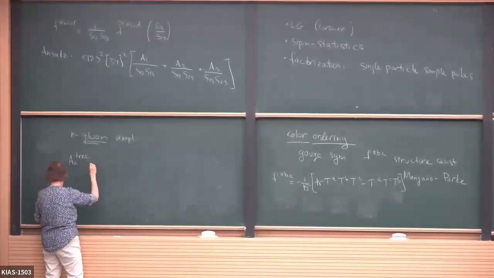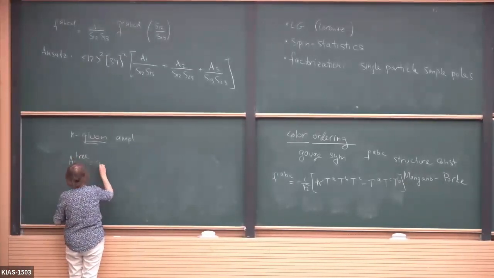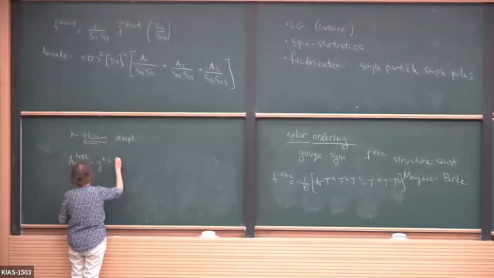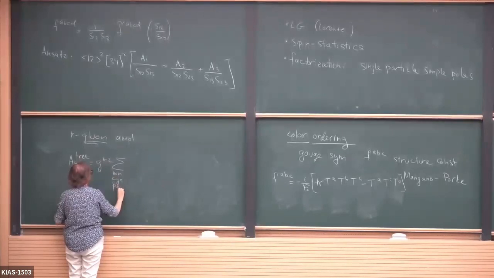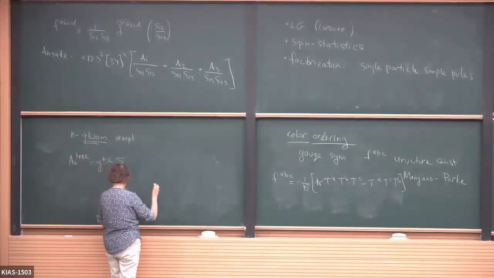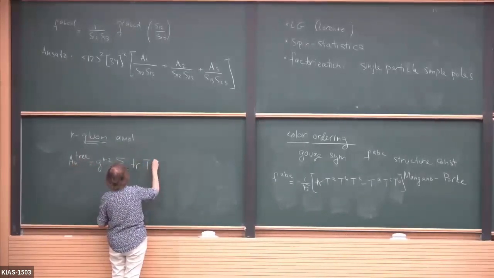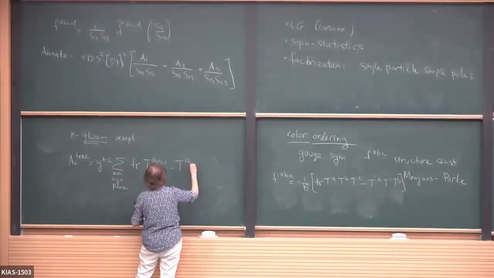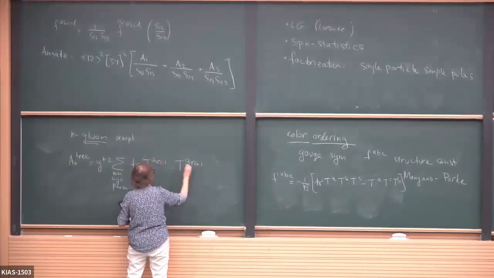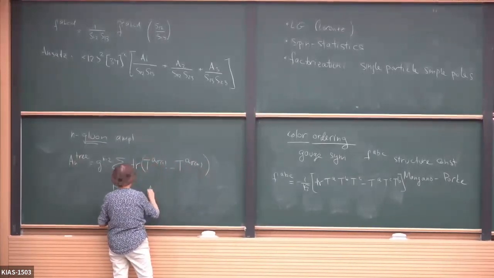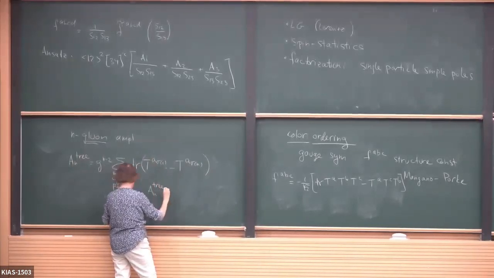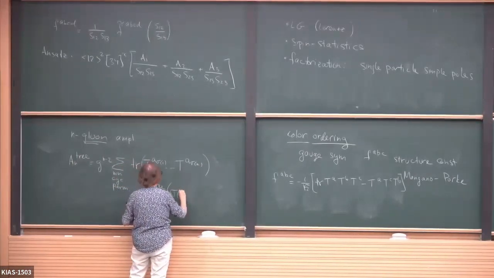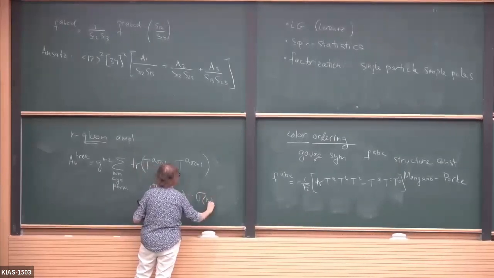So A_n can be written as g^{n-2}, sum over non-cyclic permutations, trace of T^{a_σ1} through T^{a_σn}, times A_n of σ1 to σn.